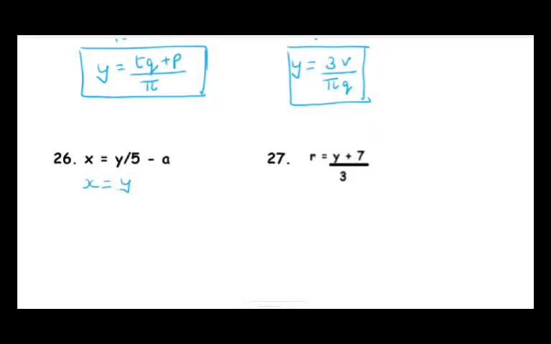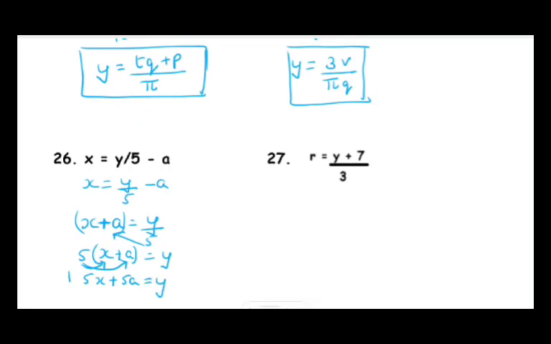X is equal to y upon 5 minus a. Shift the minus a to the LHS with the sign. So the sign changes to plus a. Y upon 5. Now this 5 in the denominator multiplies by the whole polynomial or binomial. Okay, so 5x plus a is equal to y. This becomes 5x plus 5a is equal to y.